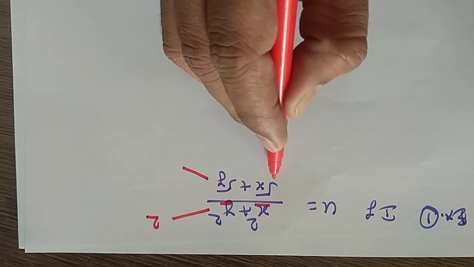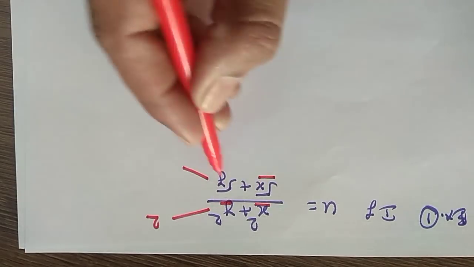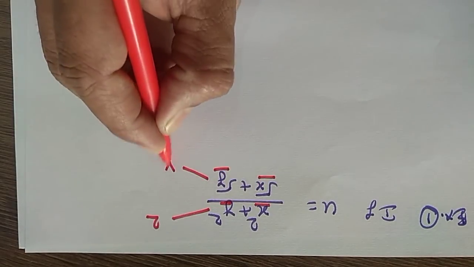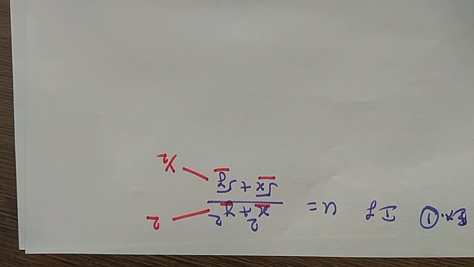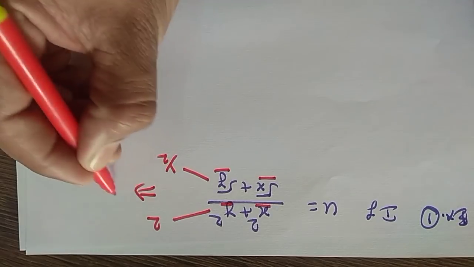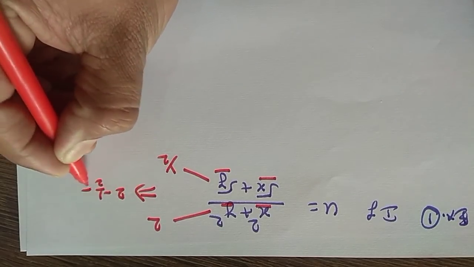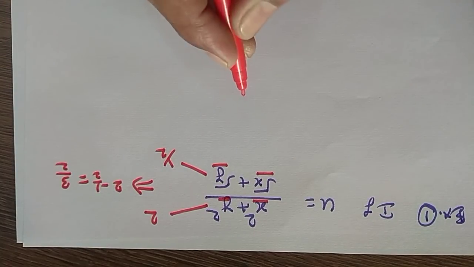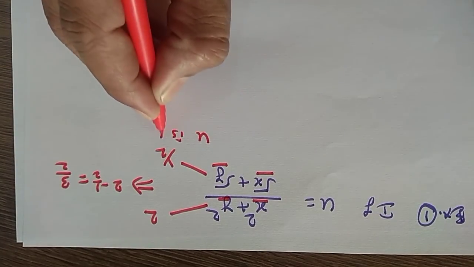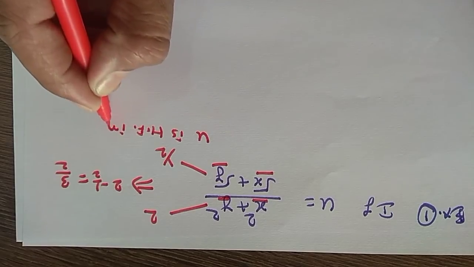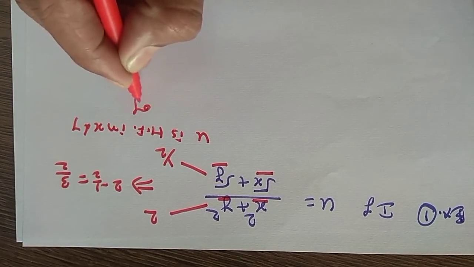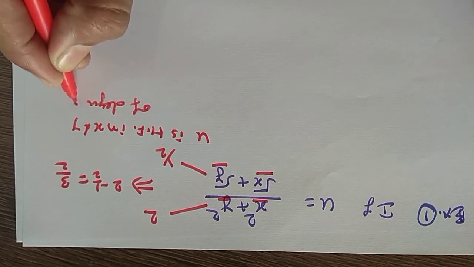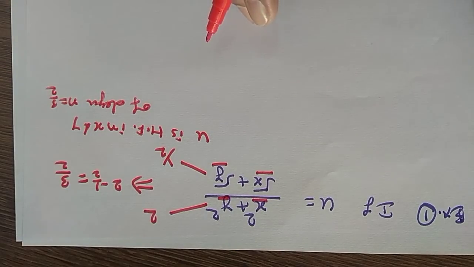Now the denominator, the first term is of degree 1 by 2, the second term is of degree 1 by 2, therefore the denominator is also homogeneous of degree 1 by 2. Therefore the total degree is 2 minus 1 by 2, which is equal to 3 by 2. And this u is a homogeneous function in x and y of degree n equal to 3 by 2.